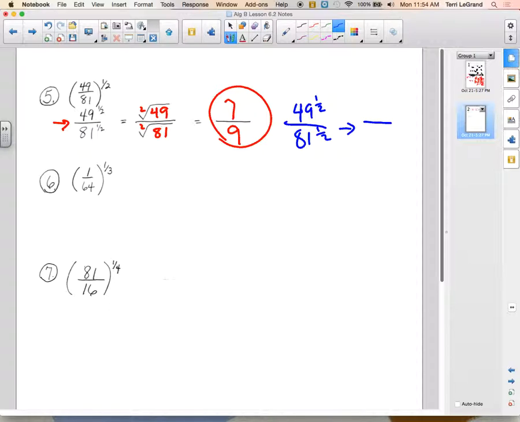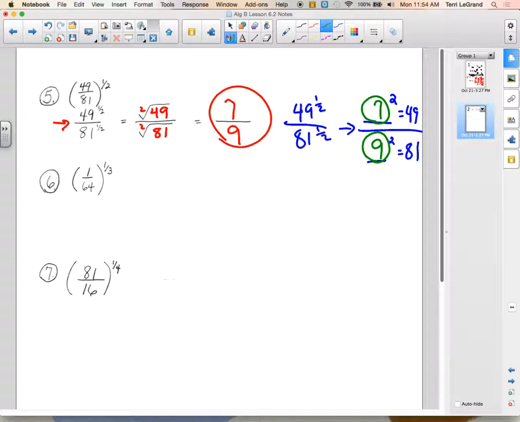What times itself is 49, and then another big fraction mark here, what times itself is 81. Well, what times itself is 49? It is 7. What times itself is 81? It is 9. So this is what I was looking for. I would still get the same answer, 7/9.